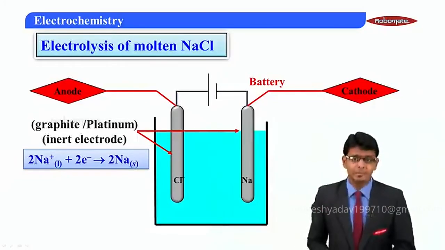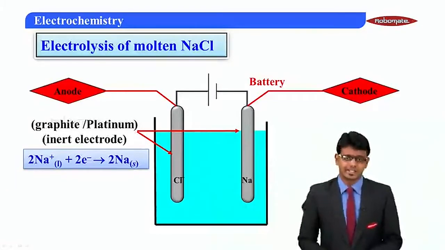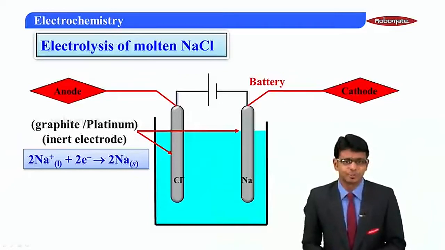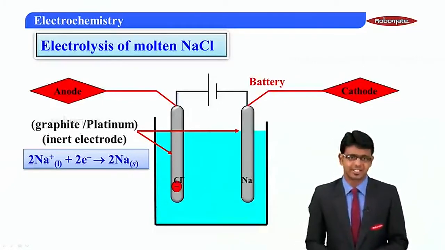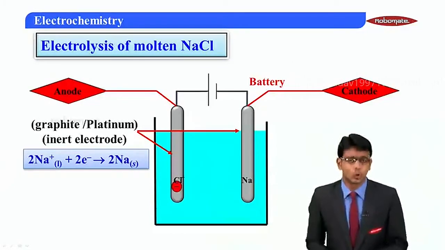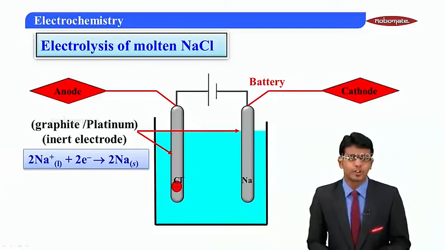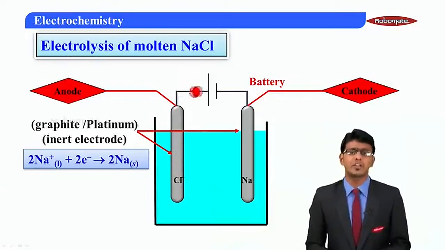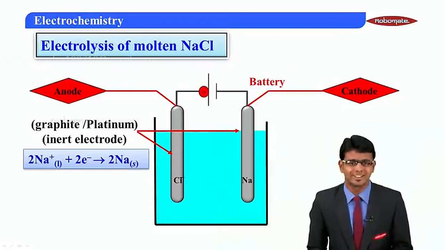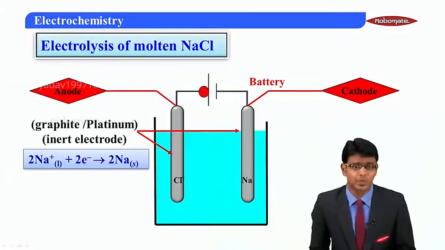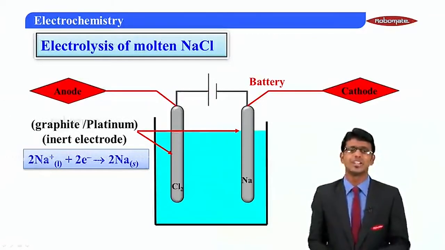At the same time, chloride ions at the anode lose their electrons and get converted to chlorine gas. The released electrons will enter the battery through the positive terminal, and these chloride ions will get converted into chlorine gas.